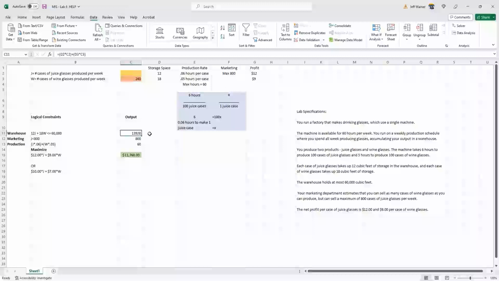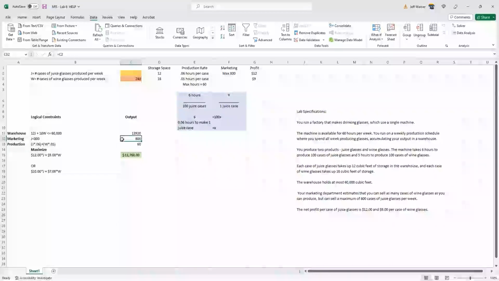So what would the output actually look like? Well, we're only using 14,000 square feet of our 60,000 square foot warehouse. And you say, well, why don't I fill it up? Let's fill the warehouse up. Well, you can't fill it up because you have marketing and production constraints that will not allow you to fill it up. Here at marketing, the formula said, okay, we're going to let marketing sell all the juice cases we can, 800.